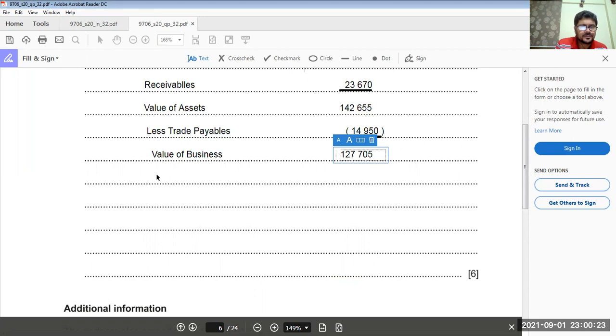Now, Raj's capital is 100,000. So if we deduct, keeping it in brackets, the answer would be 27,000.